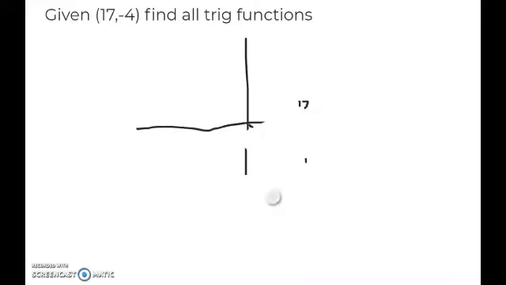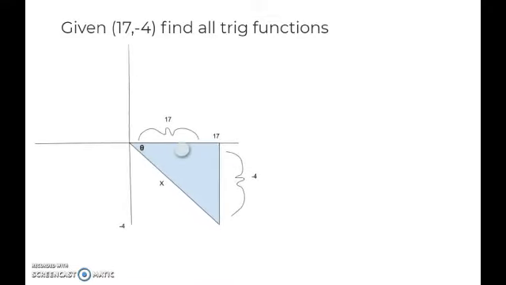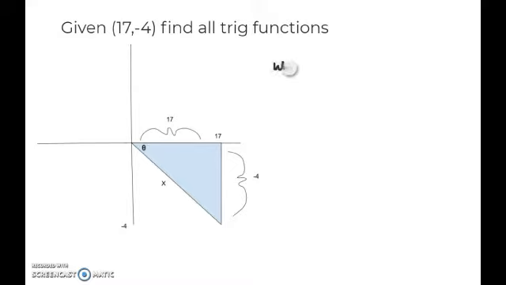But I'm going to be using a diagram that I made already. We're supposed to find all the trig functions given this point. This is the diagram that I made, and first we need to figure out what x is.